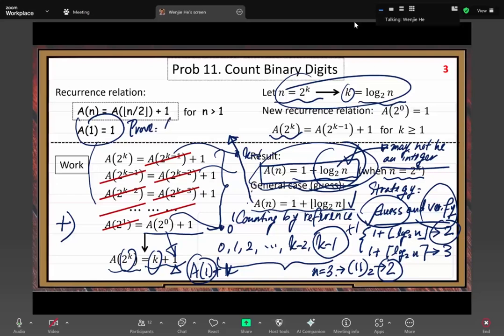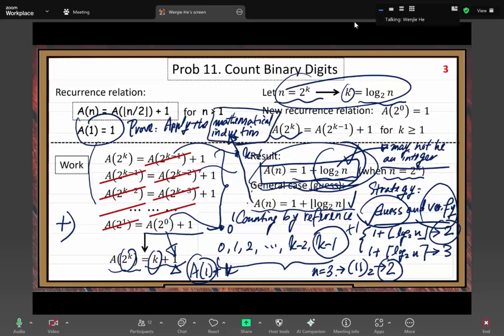In this kind of verification situation, we apply one famous method: mathematical induction. This method.